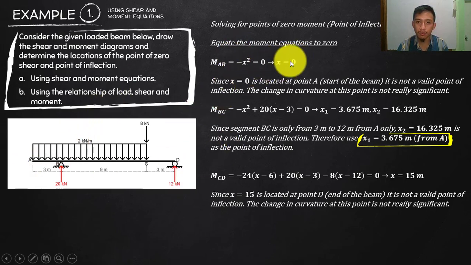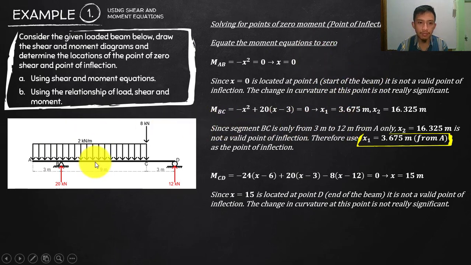You will have x equals 0, which is true, the moment is 0 at A. But of course, we do not need that, since again we are finding the zero moment and zero shear within the length, not at the endpoints. We will expect a zero shear and zero moment at the endpoint since that is equilibrium. So we can neglect x equals 0.